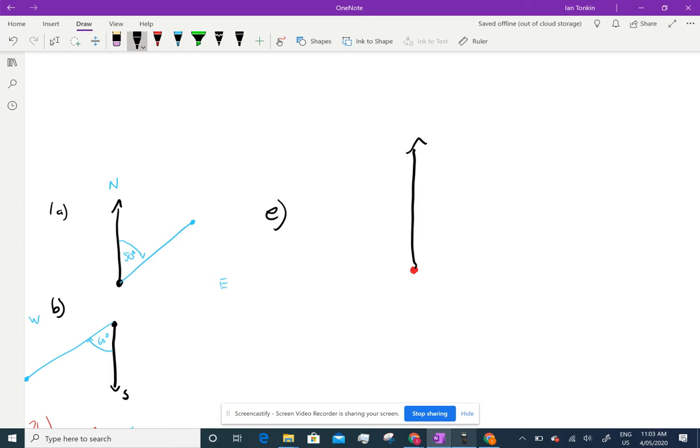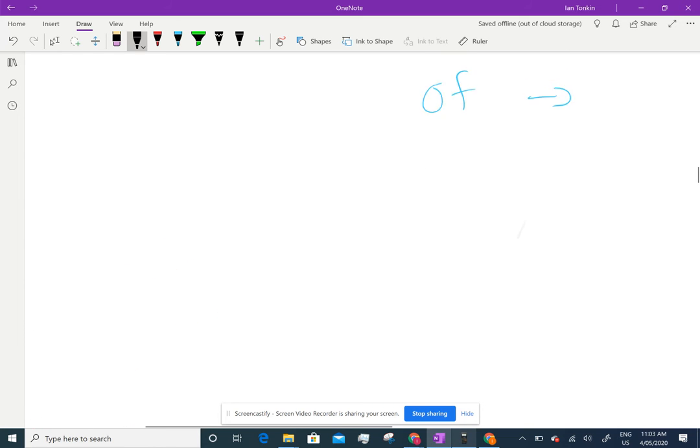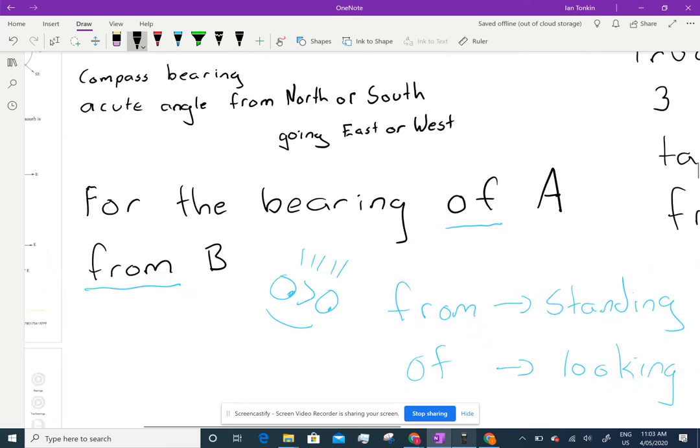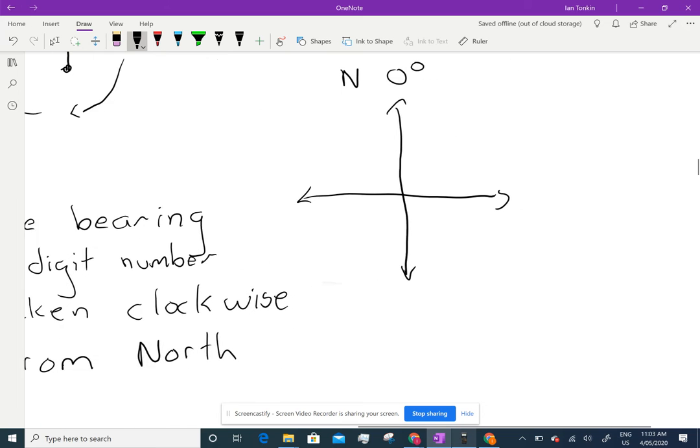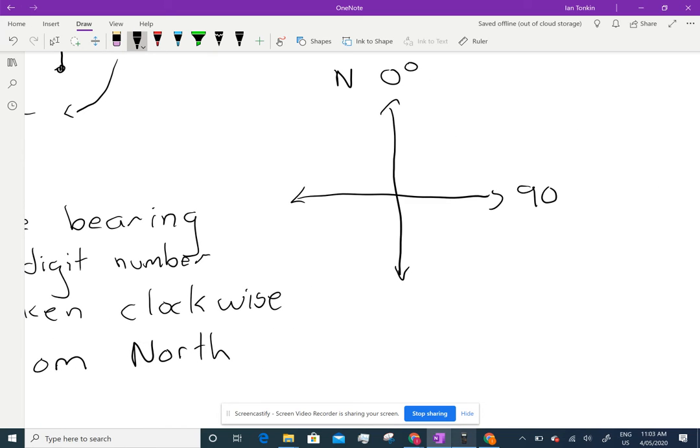Now, you need to know with your notes of true bearings about, and I put this in my notes, about how far certain things are around. So if that's 0 degrees and that's north, well, you should know that 90 degrees will get me here. 180 degrees will get me to here if I'm going this way.